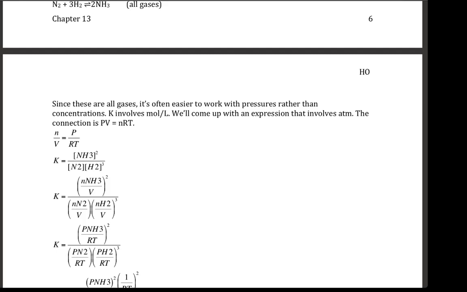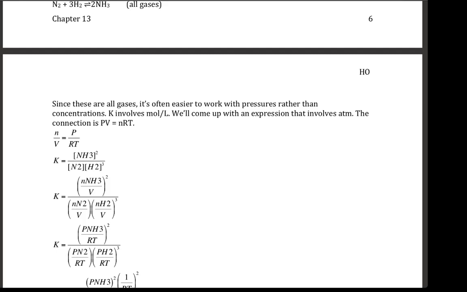Since our reaction is N2 plus 3H2 in equilibrium with 2 NH3, the equilibrium expression involving concentrations would be K equals NH3 squared divided by N2 divided by H2 cubed. And instead of the square brackets representing molarity, we're going to put N over V to represent molarity.